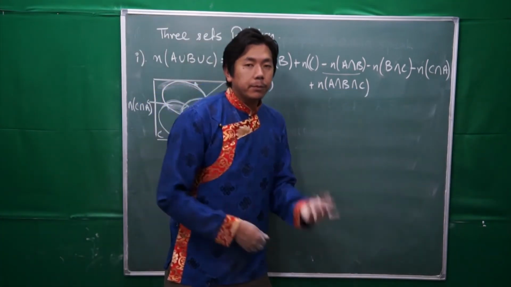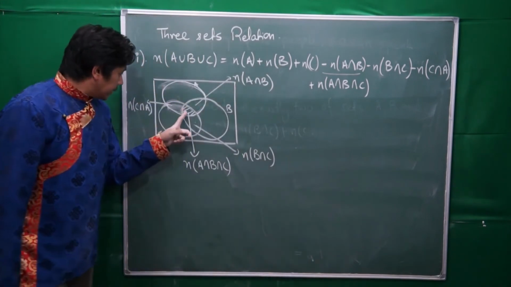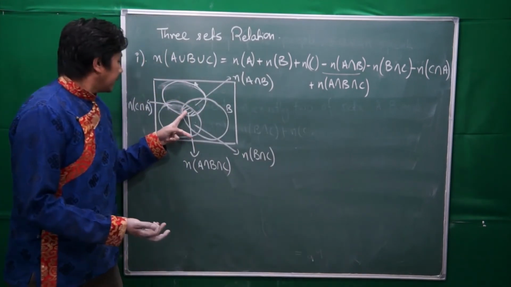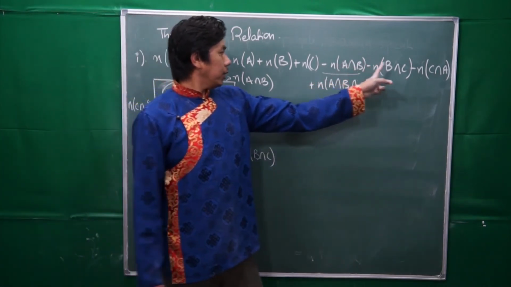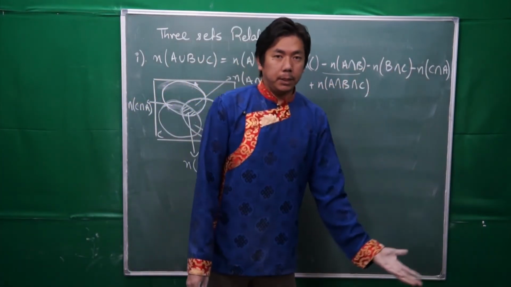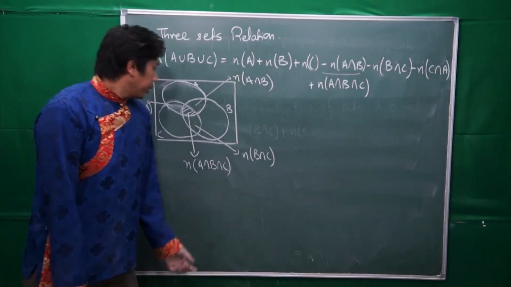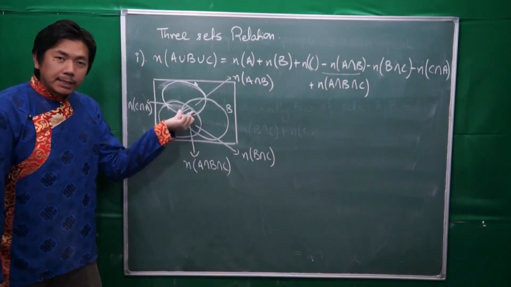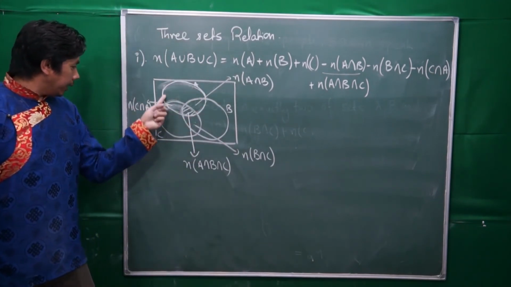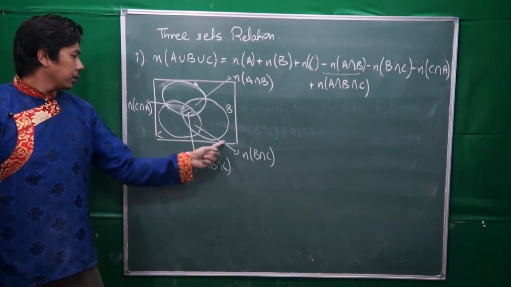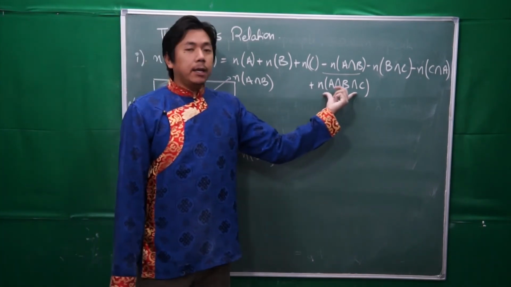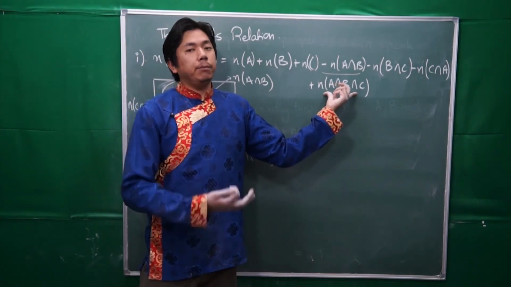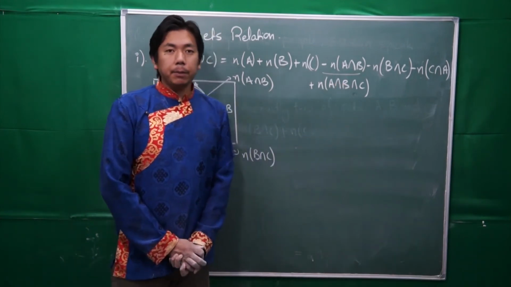So while subtracting, what happens is this, which was getting added thrice, is now being removed completely when the subtraction of these three took place. So you have to include this as well, because union includes the whole region. To include this, we'll add number of A intersection B intersection C. Simple.